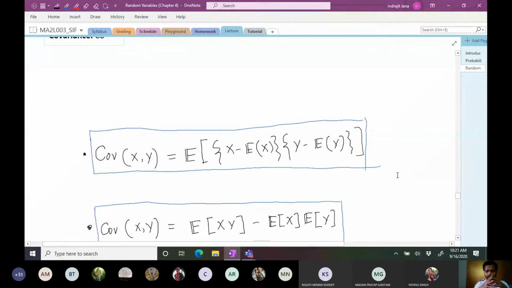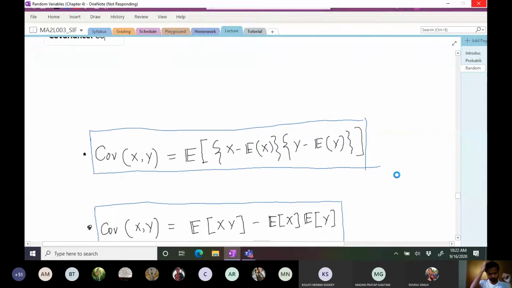So if x and y are dependent in some sort of a linear function, that will be captured by high covariance, and if they are not linked by some approximate linear function, you will see some kind of low covariance. This is the basic idea behind covariance. We will explore that.